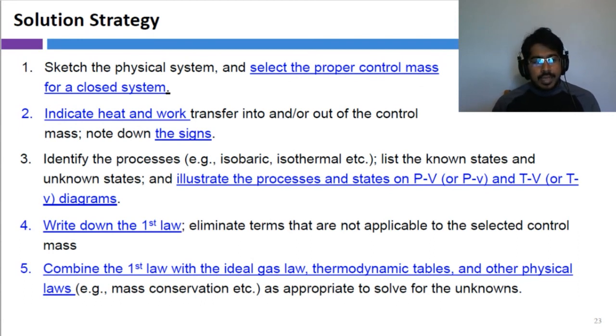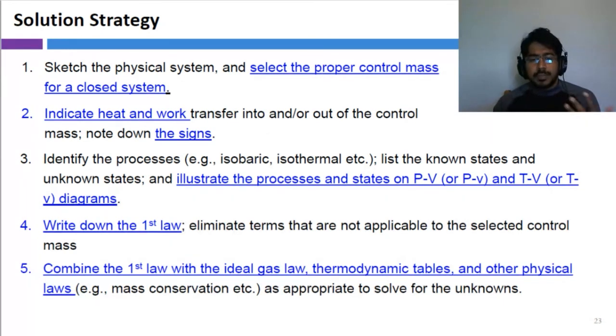And then identify the important processes, right? So is it isobaric, isothermal, polytropic, isochoric? It could be anything. So you have to identify these important processes that define the given process so that you can calculate the properties, right? Then you have to indicate that in a PV diagram or TV diagram.